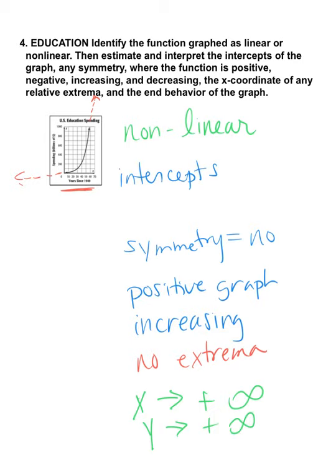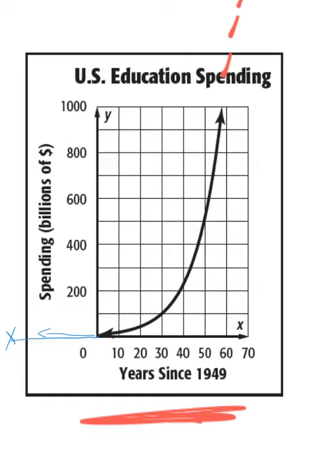Now I'm going to zoom in on the graph and show you the intercepts. Really, this graph might cross right at 0, might not. This is kind of an exponential graph. We're going to learn that later on, but we don't have to worry about that now. This graph really isn't going to cross the x-axis.